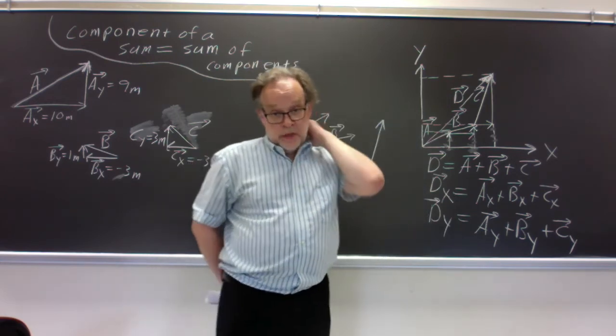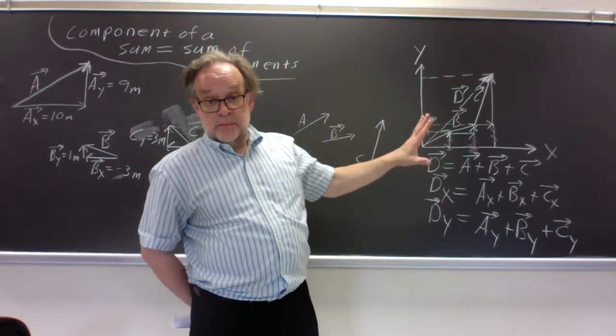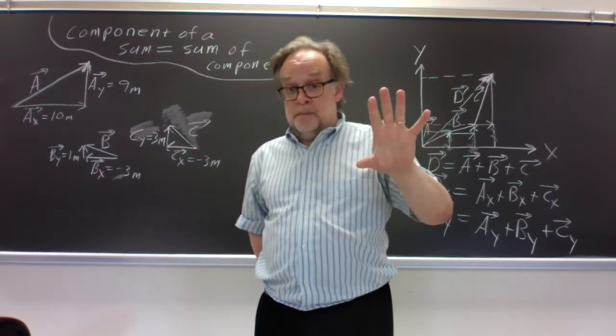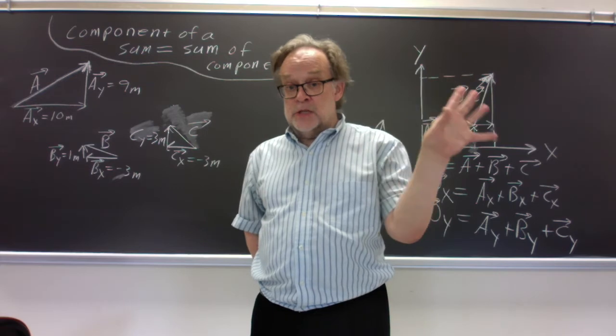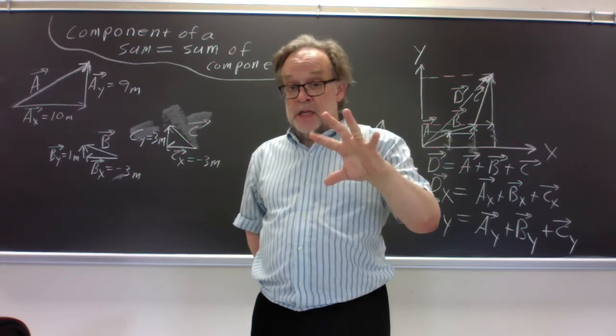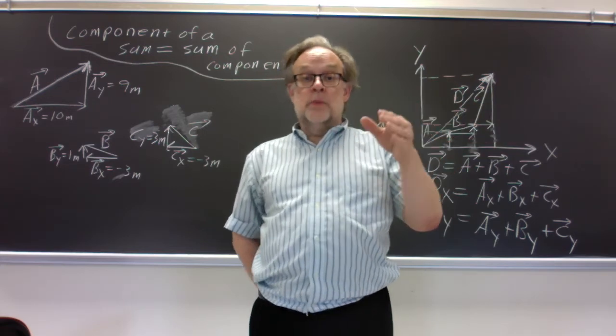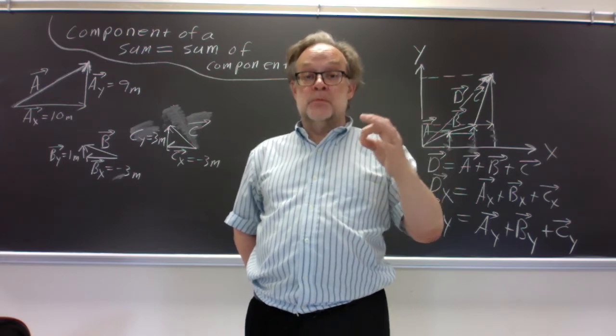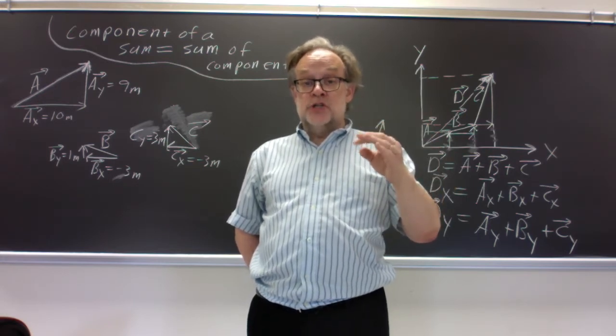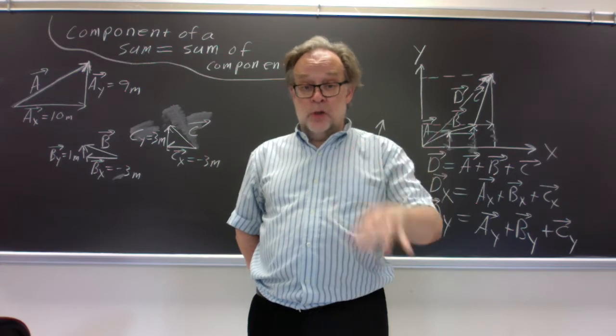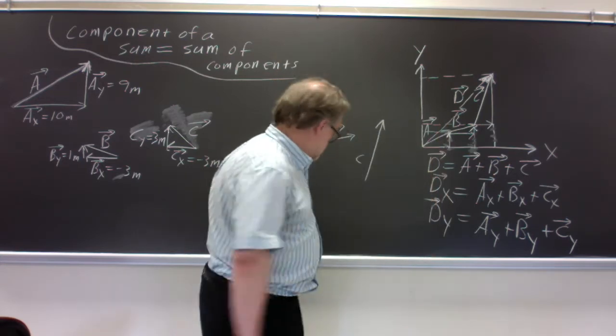The other important point to notice in this diagram, imagine now each of those displacements, A, B, and C, and think about their components. Remember that the relationship between a vector and its components is just like the relationship between the hypotenuse of a right triangle and the two perpendicular sides.